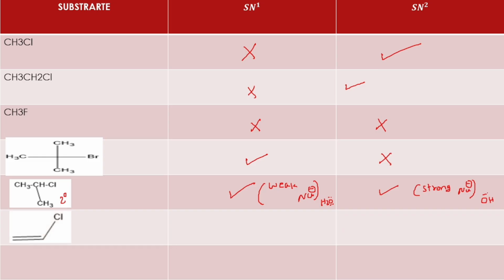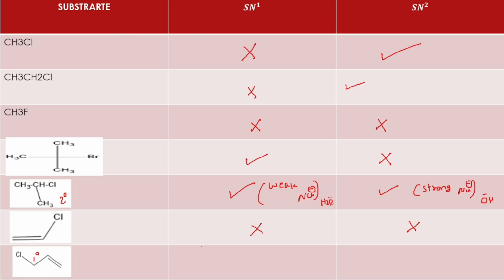Next, vinyl halide. Both are not possible. Here, an allyl carbon is there. SN1 is more stable, and moreover, it is primary too.